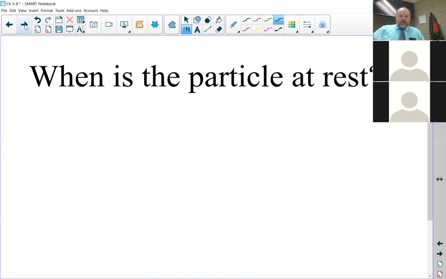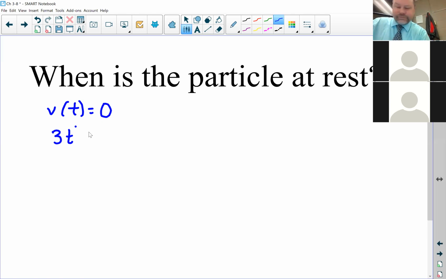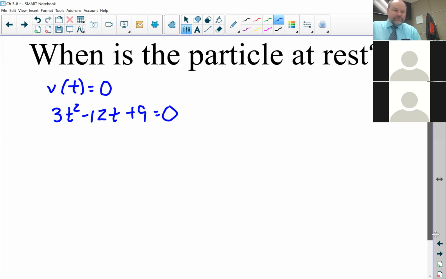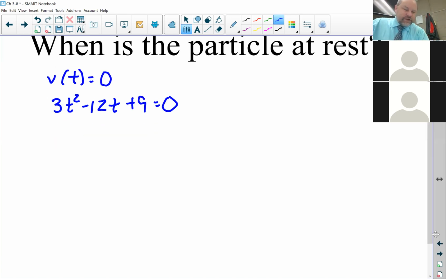When is the particle at rest? So the particle would be at rest when the velocity is 0. So our velocity function set equal to 0, and then we're going to solve for t. And in this case, probably easiest, factor out that 3.